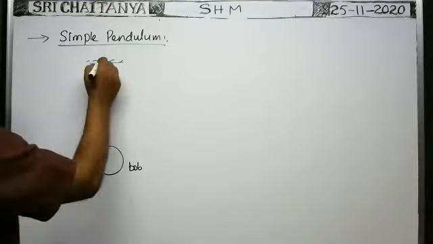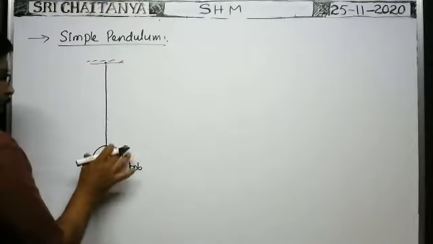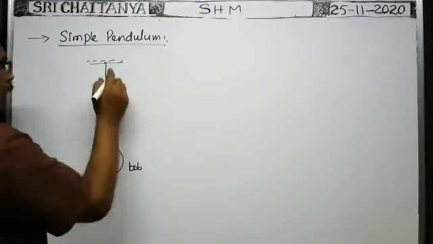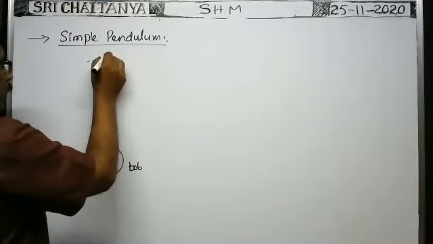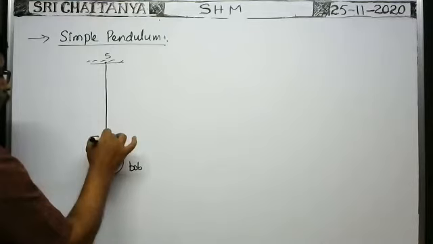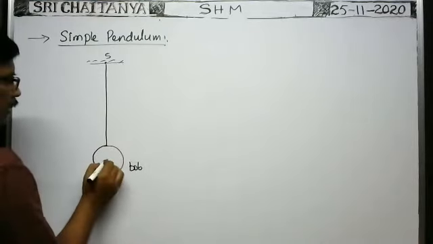So in this case, the point from which the metal sphere or metal bob is suspended is called the point of suspension. It is the suspension wire. The center of gravity of the sphere is exactly the center of the sphere.